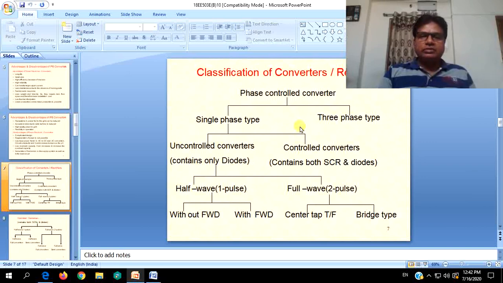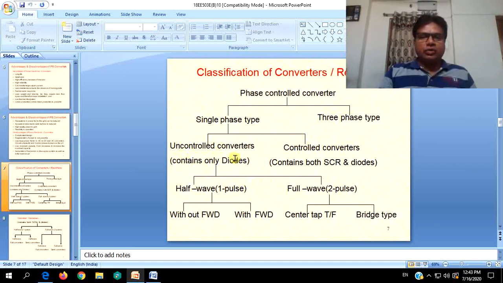Again, as AC supply can be single phase and three phase, in most of the cases it is divided into two types, single phase and three phase. In this slide, the other types under single phase are shown. Three phase, similar things are applicable. Single phase type is again divided into uncontrolled and controlled converters, as we have discussed in the previous slide.